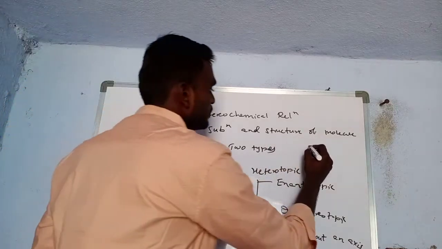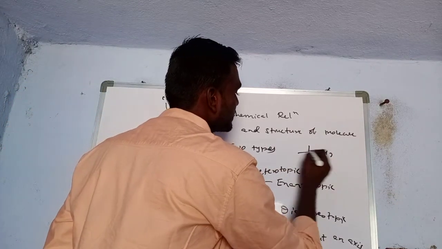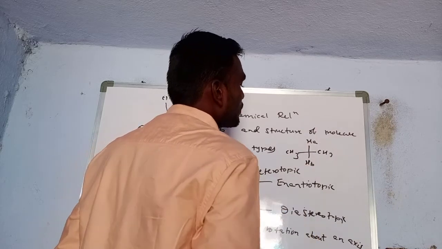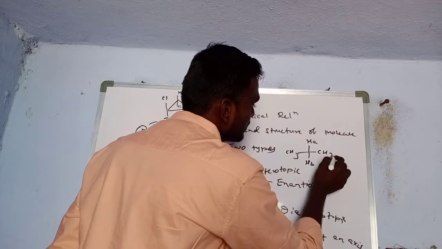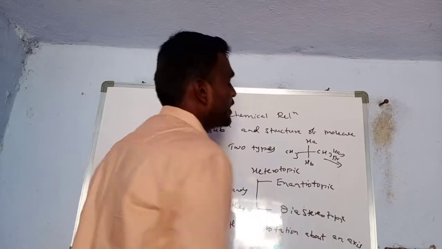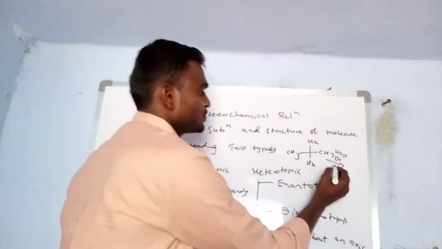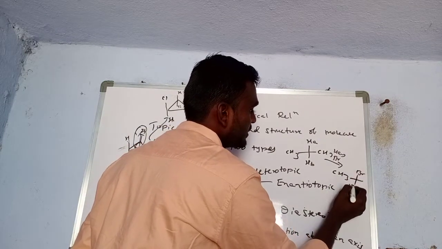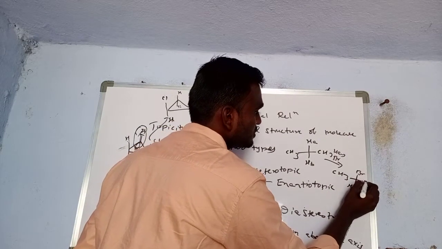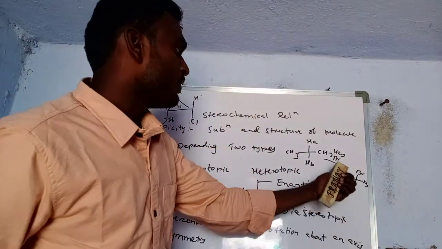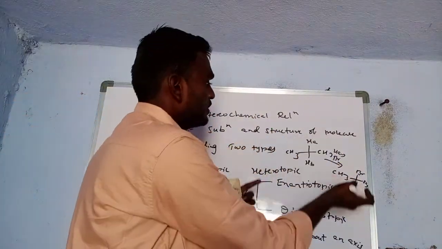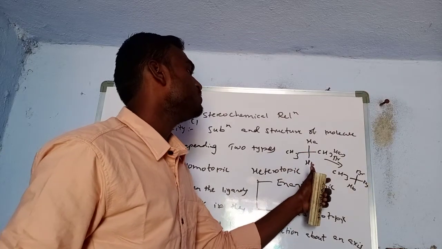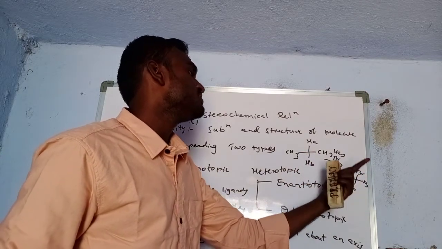For another example, if you are taking the molecule like this, CH3 and CH3, and this is HA and HB. Whenever HA is replaced by a bromine atom, the molecule will be like this, here bromine and here HB and this is CH3. If you replace HB with bromine, the molecule will be in the same manner.